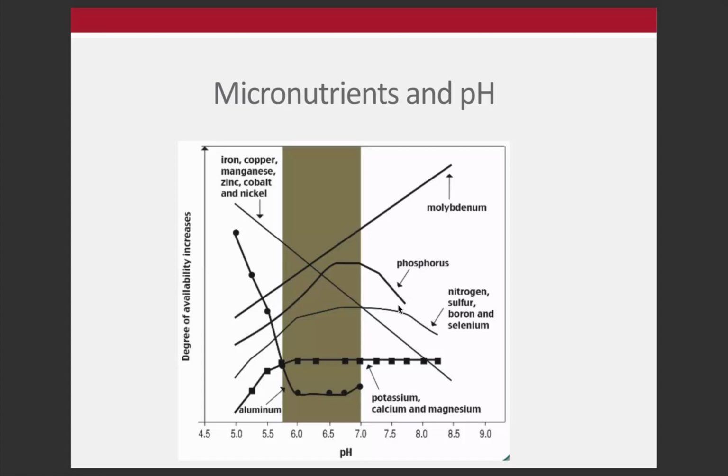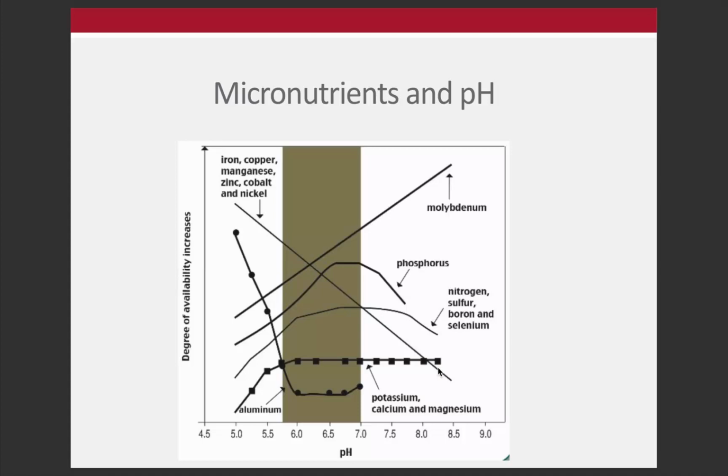Our lone detractor from this trend is molybdenum. You can see molybdenum availability increases with pH, or decreases with decreasing pH. But most micronutrients are more available the more acidic it is, and as pH rises, availability declines.